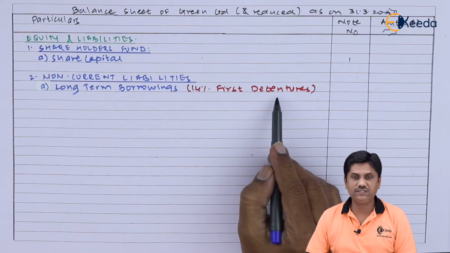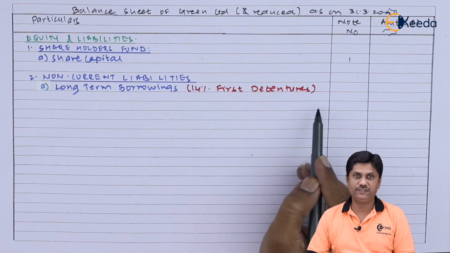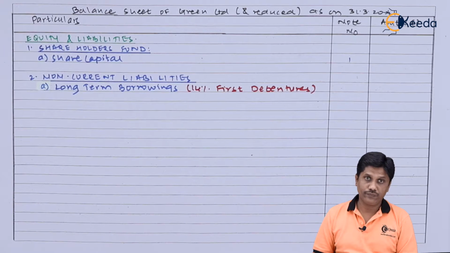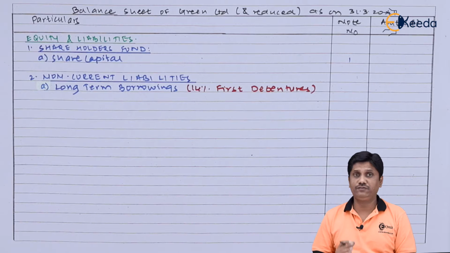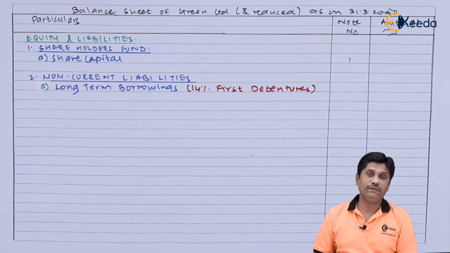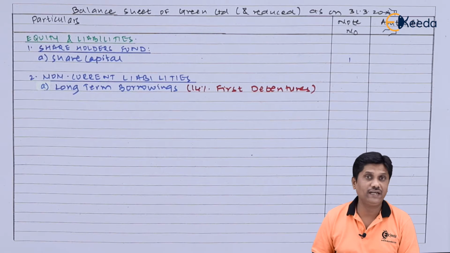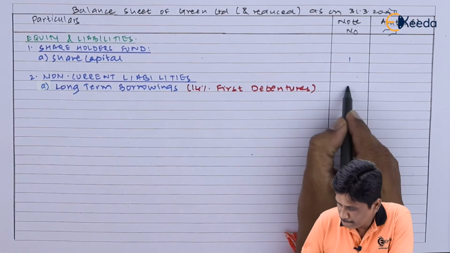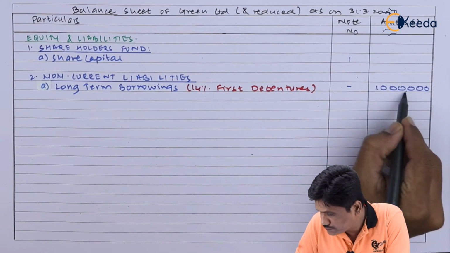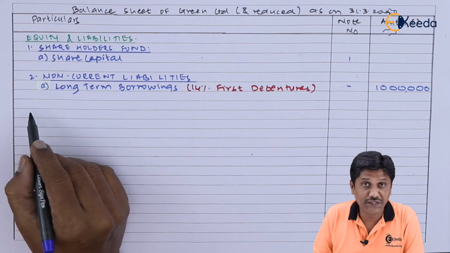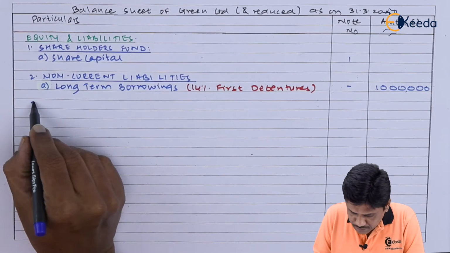I have to write only a single amount of 14% first debentures which were issued to Mr. X and Mr. Y. If you remember, we have issued debentures of rupees 7 lakhs to Mr. X and debentures of rupees 3 lakhs to Mr. Y. In that way, total 10 lakhs of debentures were issued. So I will directly write down 10 lakhs. After this, we have to write number 3, current liabilities.